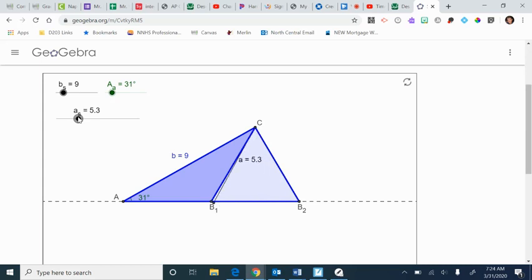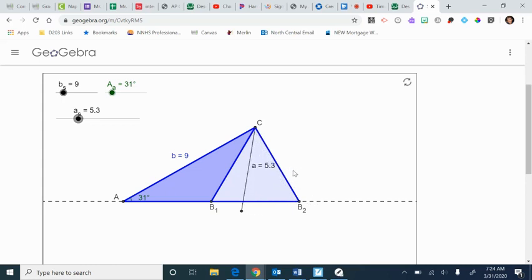There's a darker blue triangle, A to C to B1, and that dark blue triangle has an angle of 31 degrees, a side length of 9, and B1C, this length right here, of 5.3. But notice that if that 5.3 swung around and opened up angle C just a little bit bigger, there's a second triangle, A C to B2.